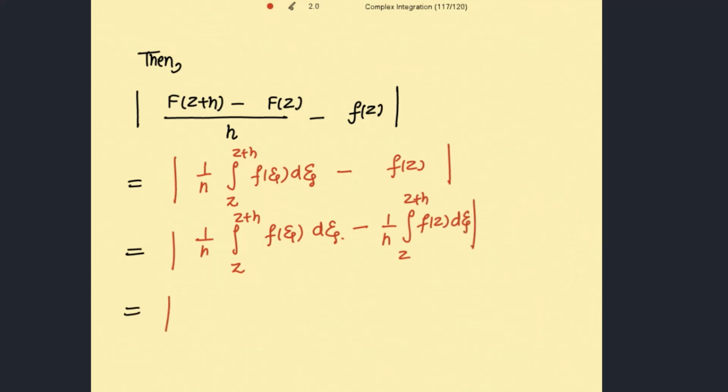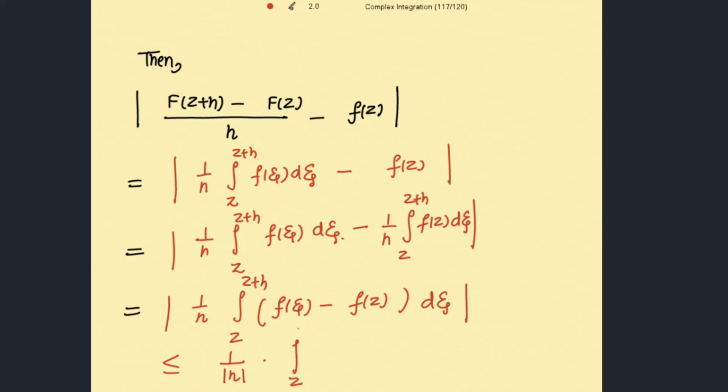Now taking 1 over h common and merging these two integrals together, we get the integral from z to z plus h of f(ψ) minus f(z) dψ, right? Now this mod is less than or equal to 1 over the absolute value of h times the integral from z to z plus h of mod f(ψ) minus f(z) into mod dψ.